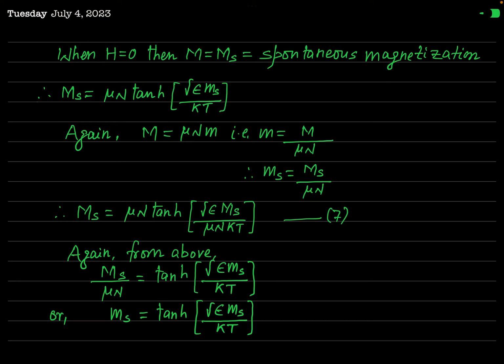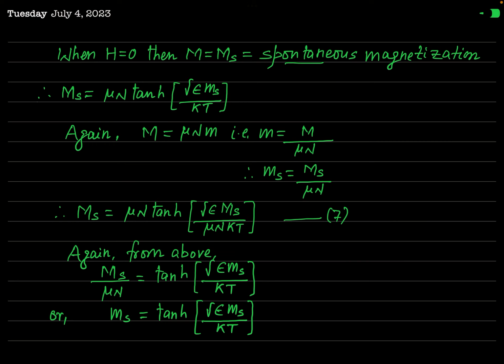But in the case of a ferromagnetic material, even after the removal of the external magnetic field which magnetized the substance, the magnetic moment does not vanish. It does not become zero. So, in the absence of an external magnetizing field, the remaining or residual magnetic moment is called the spontaneous magnetization.